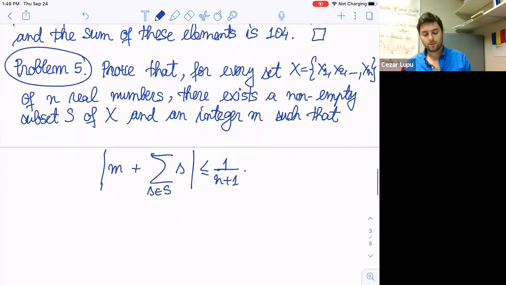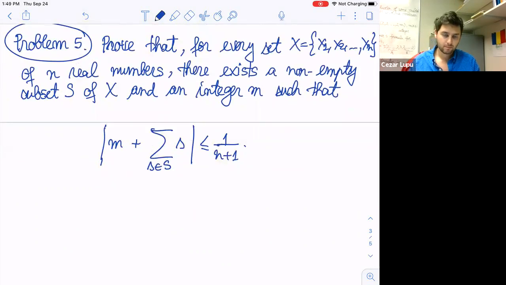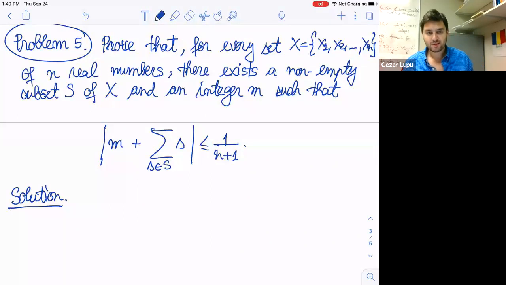Wow, look at it. Okay, and let me give you briefly the solution since I'm running a bit over time. You see, the problem is that you need to start from somewhere. That is the problem with this problem. So where to start from?